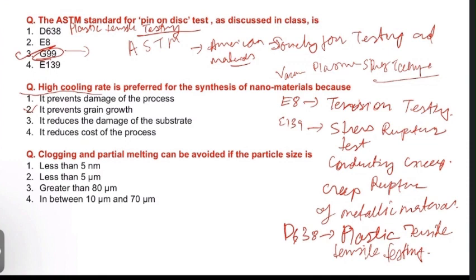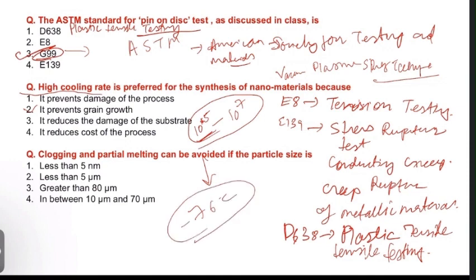So yes, you are right. The cooling rate changes from 10 raised to power 5 to 10 raised to power 7. And the temperature you said 80, yes, it is around 76 degrees Celsius. Okay, from the temperature of 10,000 Kelvin, we are able to prevent the grain growth using this cooling rate.